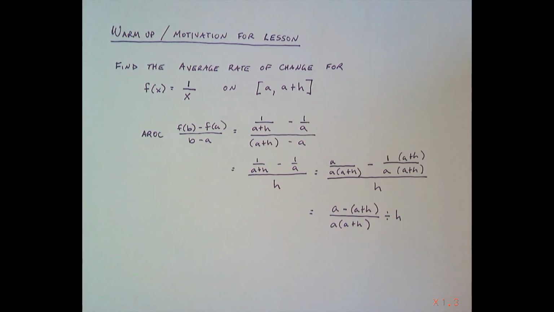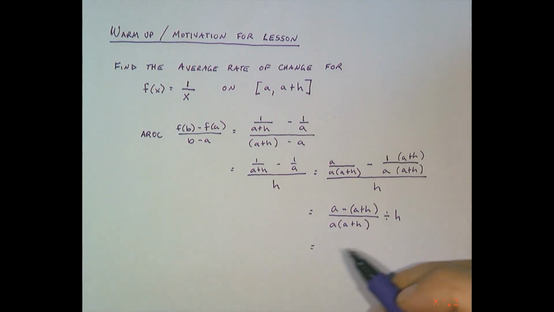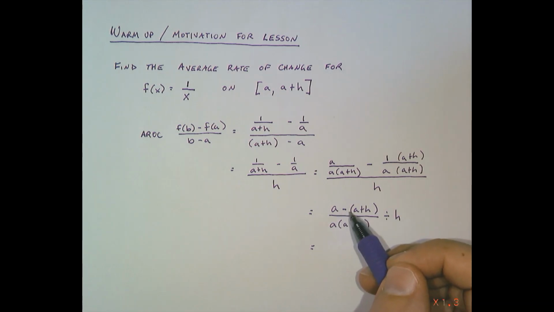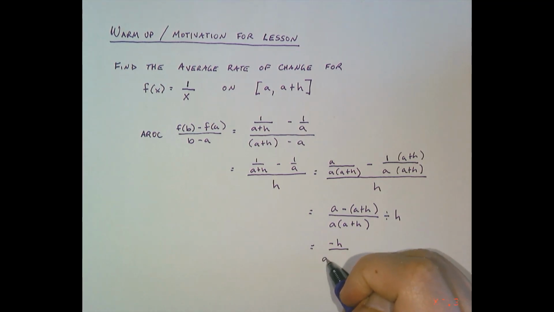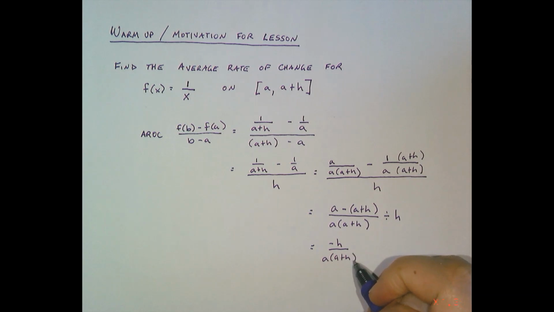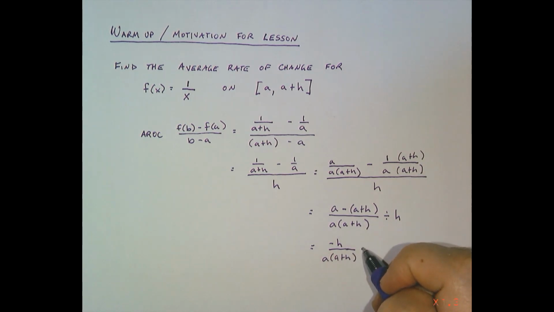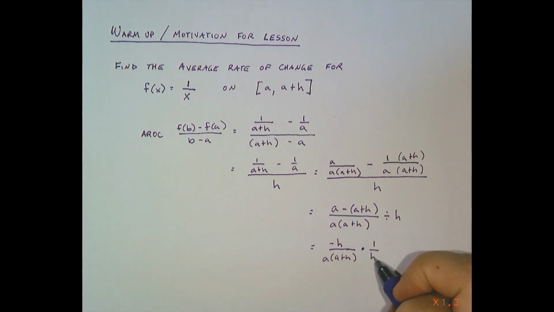Okay. So let's clean this up, see if we can go any further with this. A subtract a cancels out, and we have subtract h on top. And then dividing by h is the same as multiplying by 1 over h.